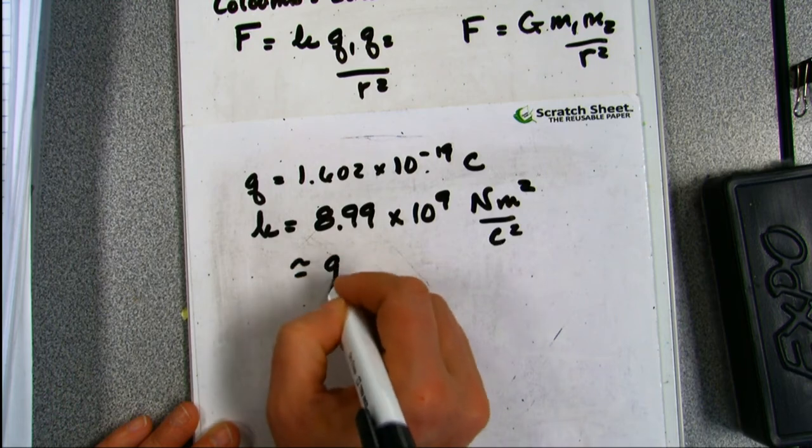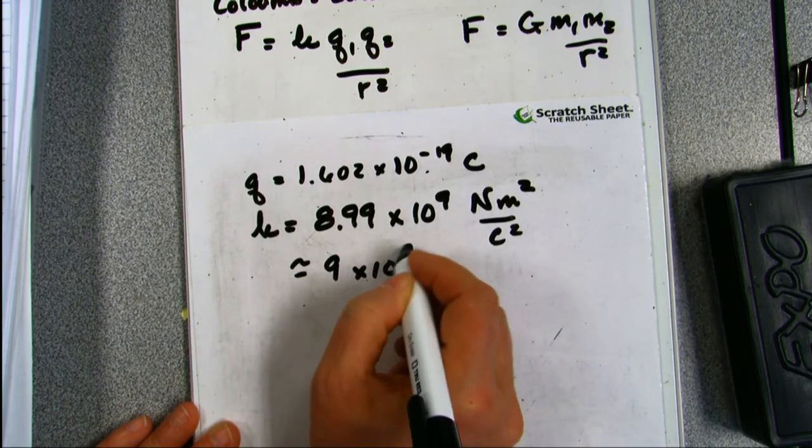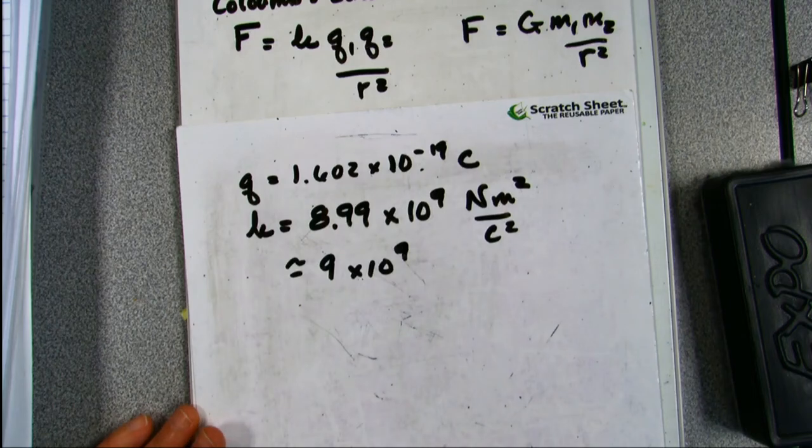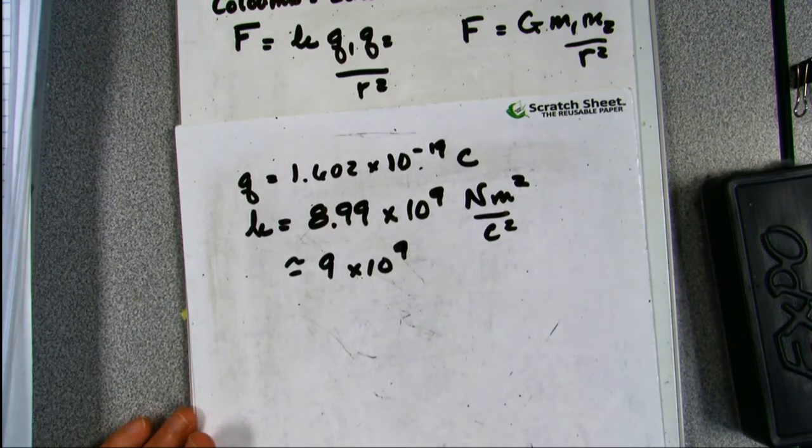For most of the time, you can actually use 9 times 10 to the ninth. If you want to write it down on your cheat sheet right now, you're probably going to want to keep those. But by the end of the semester, those will probably be ingrained in your head and you'll never forget them.